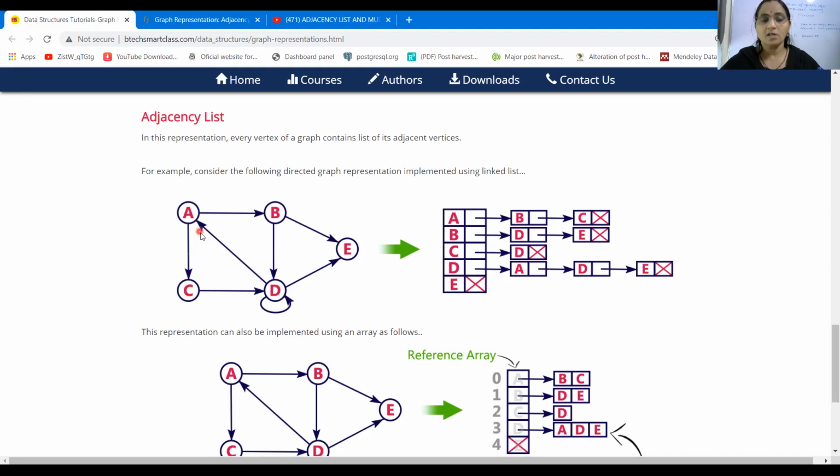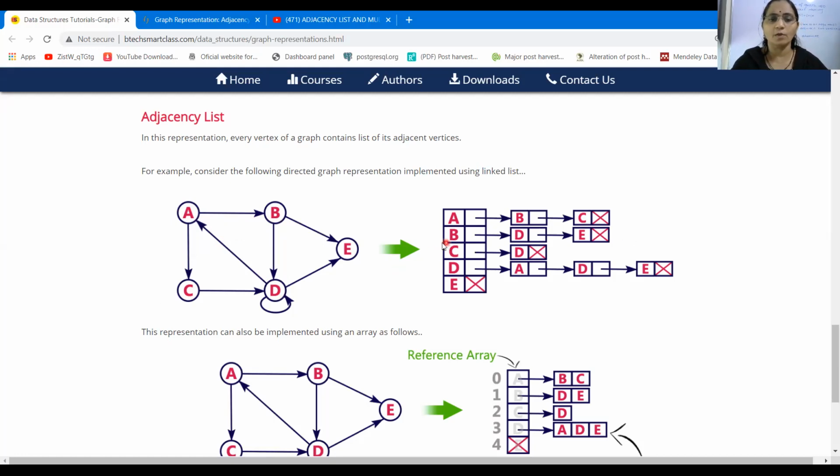This is the incoming edge. A to D is not an outgoing edge from A, it is coming towards A, so it is incoming. So that's why D is not an adjacent node. The vertices of the edges going out from that node are called adjacent vertices. For A there are only 2 outgoing edges, B and C. So B and C are the adjacent nodes.